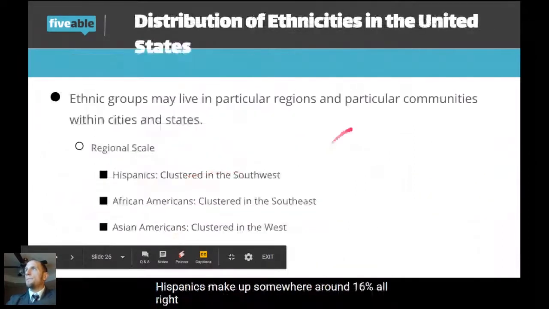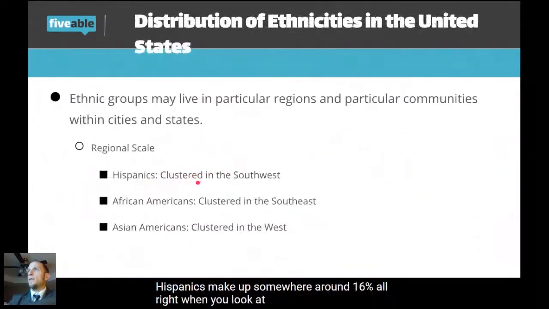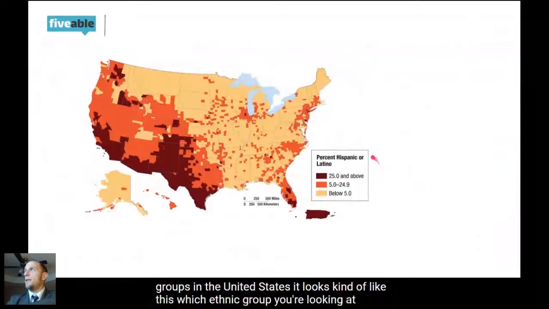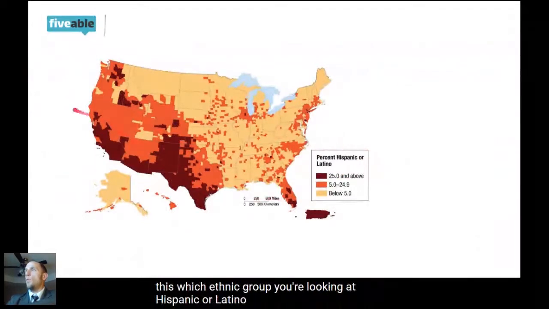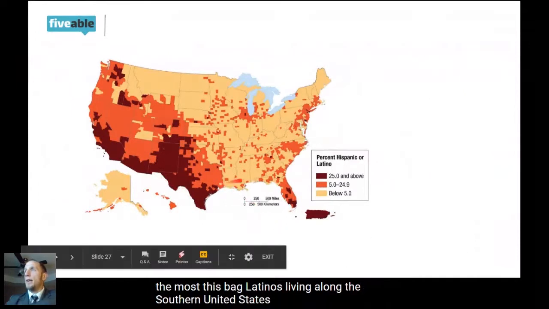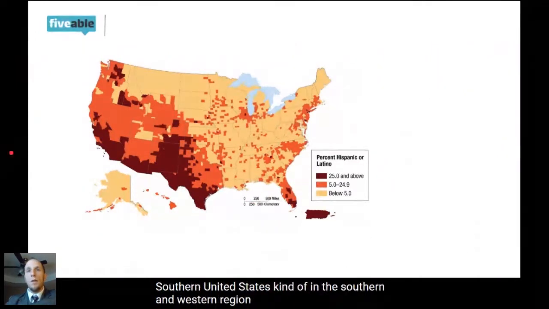All right. When you look at the distribution of ethnic groups in the United States, it looks kind of like this. Which ethnic group are you looking at? Hispanic or Latino. Why do we see the most Hispanics and Latinos living along the southern United States, in the southern and western region?